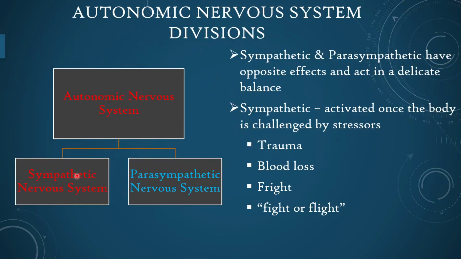So remember your fight or flight, right? Sympathetic and parasympathetic have opposite effects, and they act in a delicate balance. Your sympathetic is activated once the body is challenged by stressors, trauma, blood loss, fright, your fight or flight. Your parasympathetic nervous system is going to help return to a state of normal.